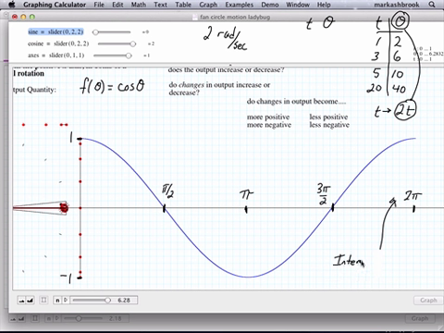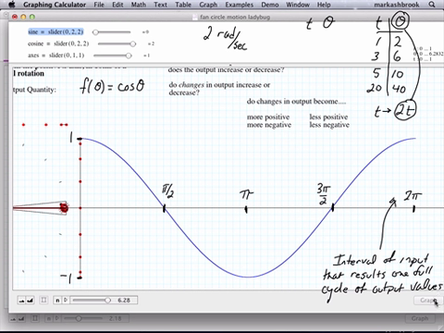Our input's angle, so this is the interval of input that results in 1 full cycle of output values. So the interval of input that gets us 1 full cycle. So starting out at the right, to the middle, out to the left, back to the middle, out to the right again.